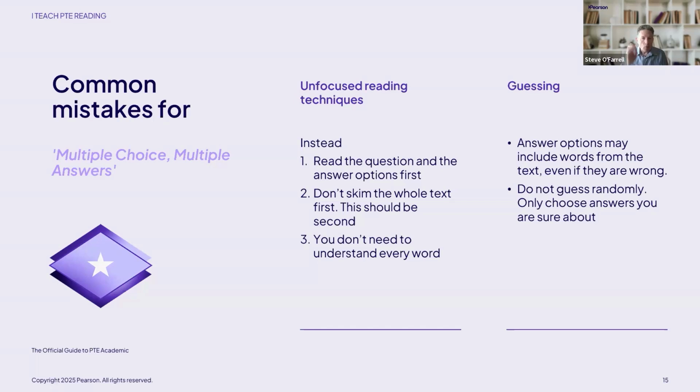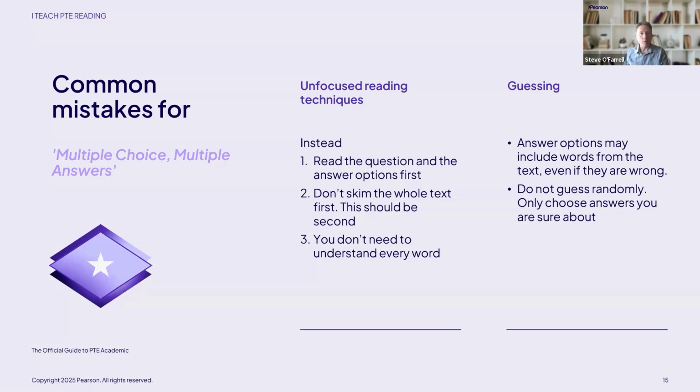Also, multiple choice, multiple answer is the one question in the exam where you can actually lose marks for an incorrect answer. So if, for example, you select a number of correct answers, but then you also select one that's actually not correct, that will actually reduce your points by 1.